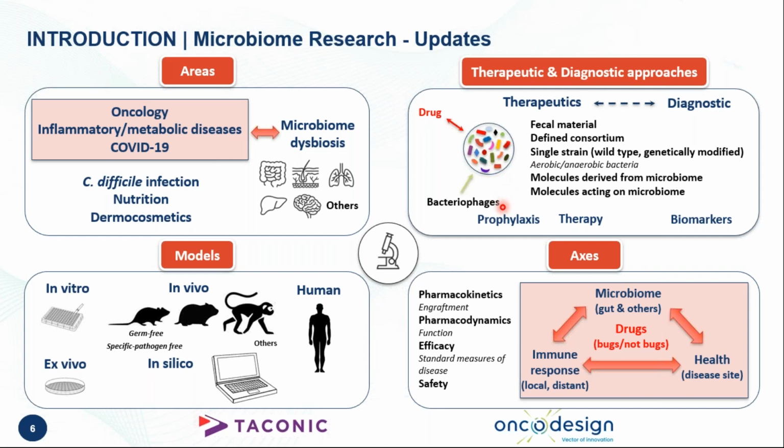And miscellaneous in silico, in vitro, in vivo, ex vivo, and human model tools can be used for evaluating and investigating these approaches in a healthy context or in disease conditions, with attention paid to specific aspects, such as pharmacokinetics, pharmacodynamics, efficacy, and safety.